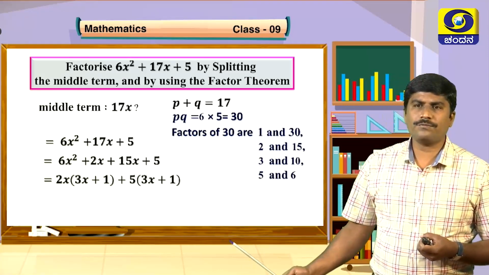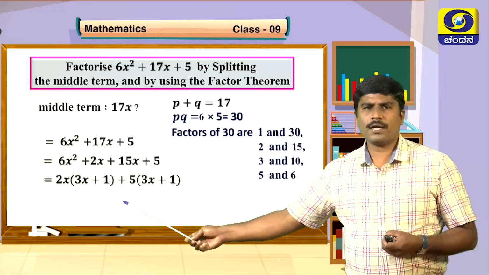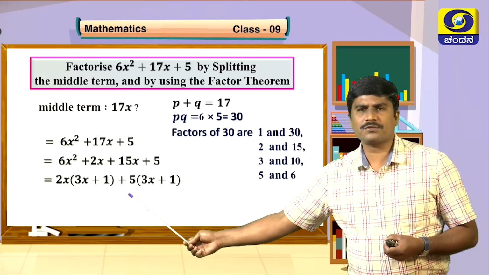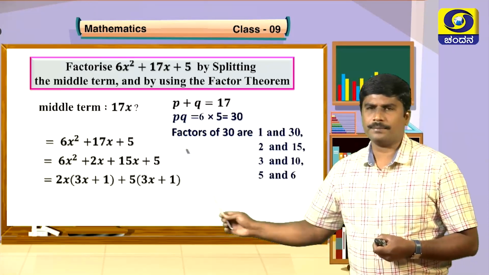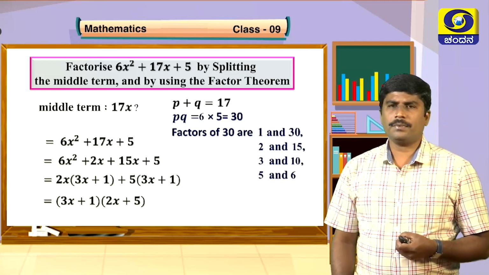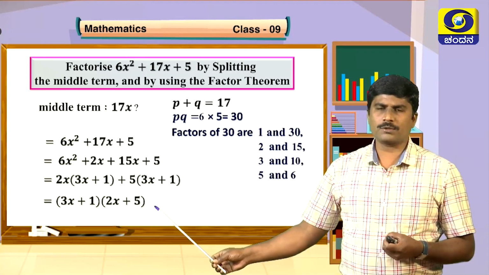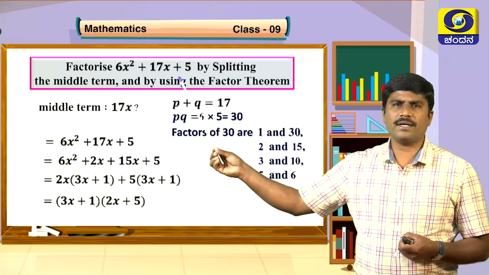If you take out 5 from 15x and 5, you will also get 3x plus 1. So 3x plus 1 is the common factor, and the remainder will be 2x plus 5. So you got the factors 3x plus 1 and 2x plus 5. They are the factors of 6x square plus 17x plus 5.